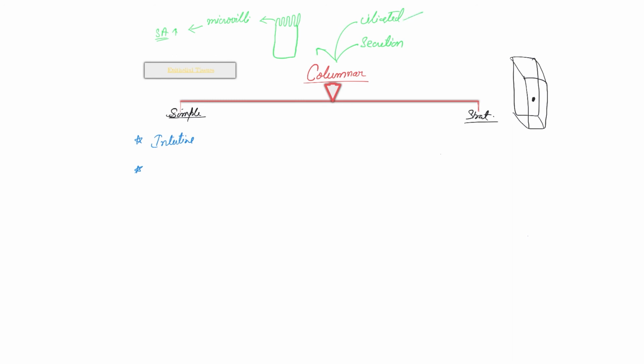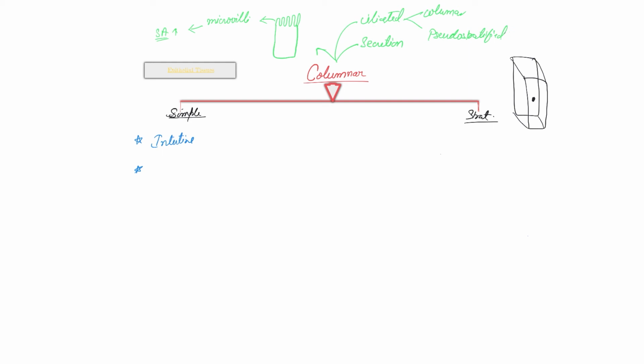Now ciliated can be columnar, because we are talking about columnar, or you can also have pseudo stratified. Pseudo stratified columnar can also have the cilia. Now where is this happening?